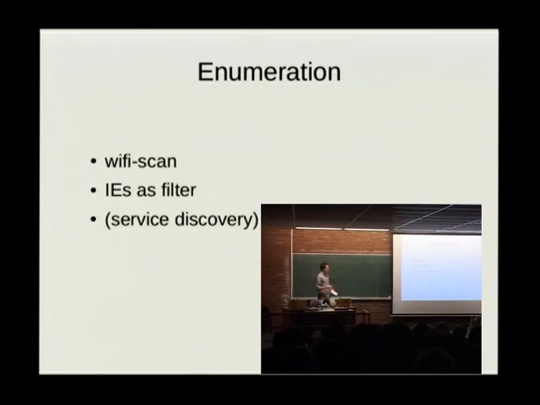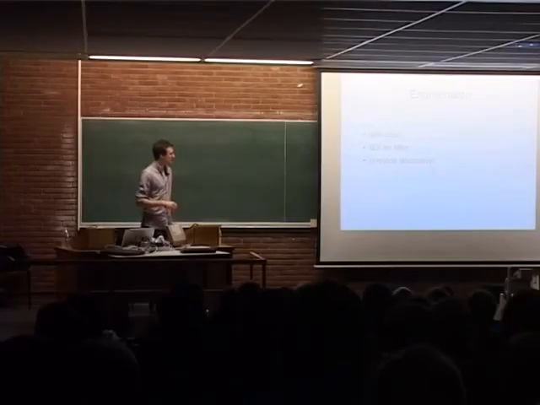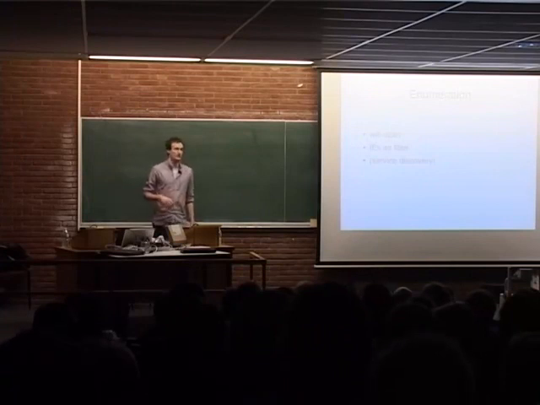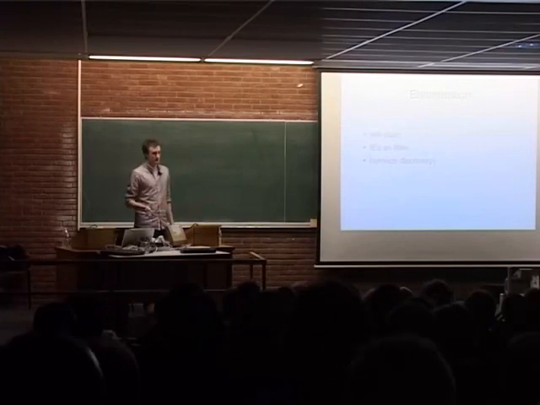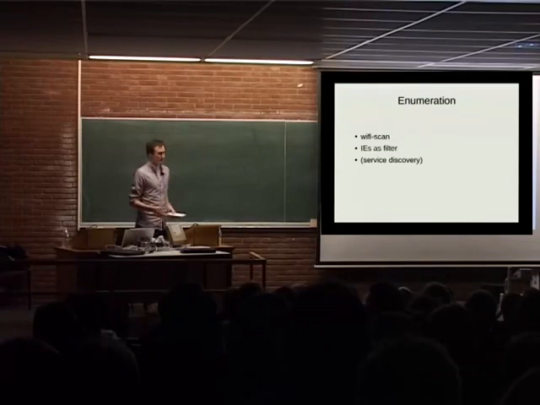So what Wi-Fi peer-to-peer and Wi-Fi Display use are information elements which you can put into different frames in the Wi-Fi specs, action frames and beacon frames and so on, which define whether you support Miracast, whether you don't, what resolutions you support, and so on. And this way you can filter devices, you can directly see if you found one whether it's a Miracast device or not, which is quite handy and you need that.